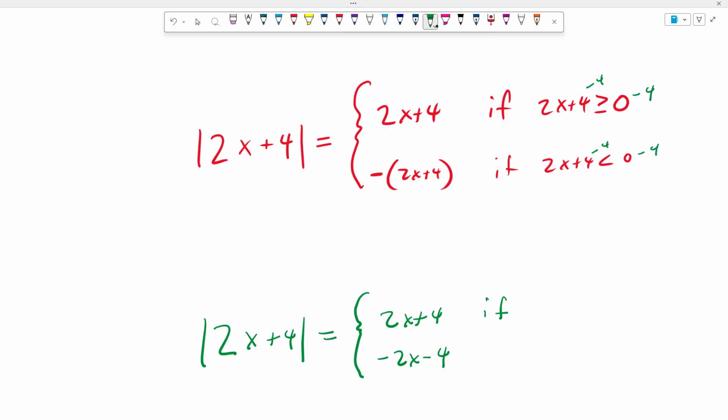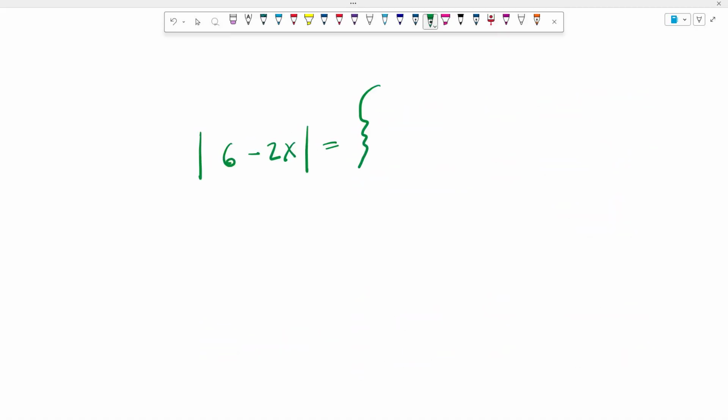We get 2x greater than or equal to negative 4, divided by 2, and x is greater than or equal to negative 2, and the other piece if x is less than negative 2. Make sense? Yeah.